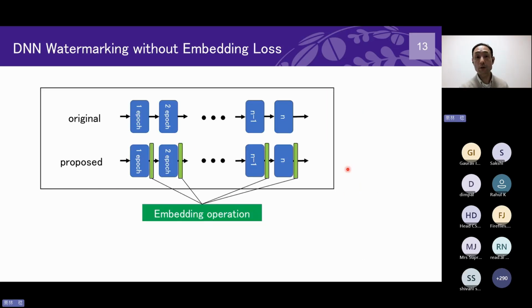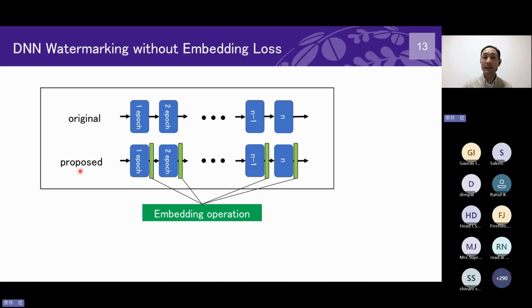This slide also shows the mechanism of watermarking without embedding loss. In the original training phase, at each epoch, the weight parameters are updated: the first epoch, second epoch, third epoch, and so on, until a certain number of epochs or a certain condition is satisfied.